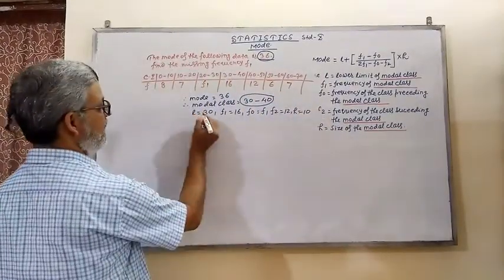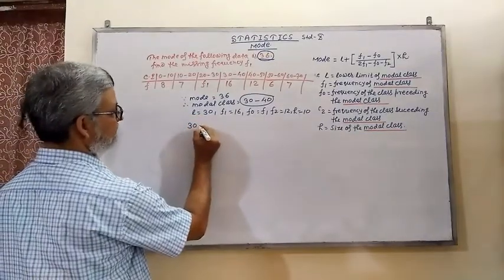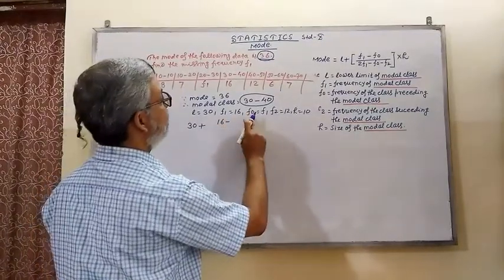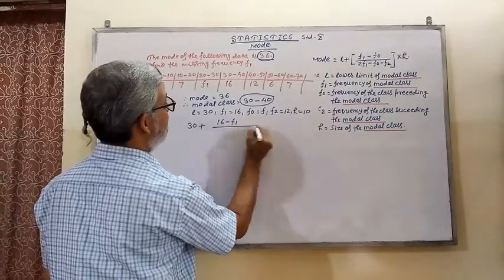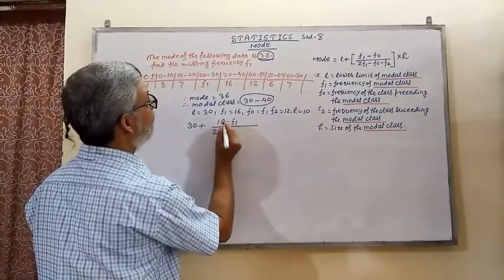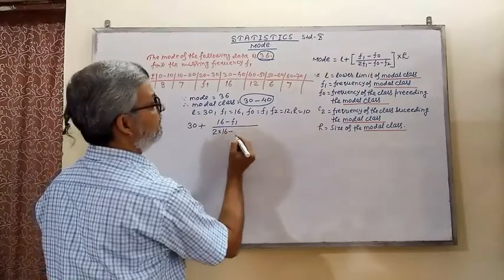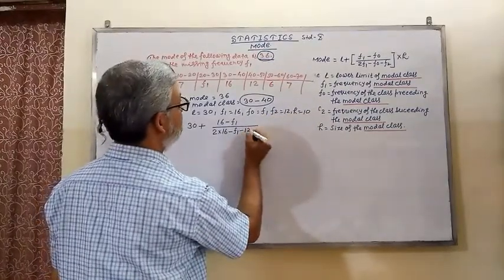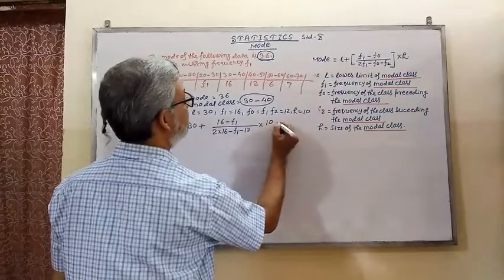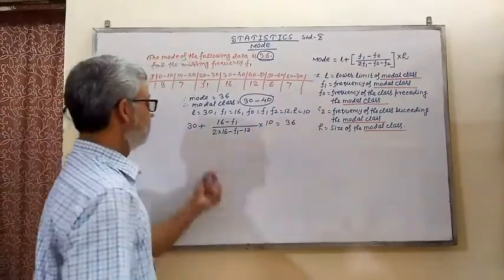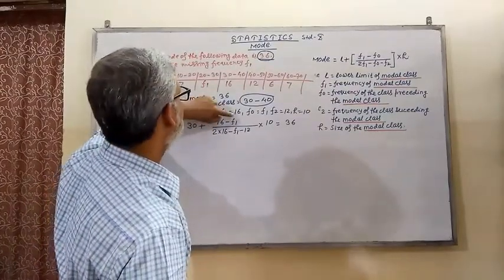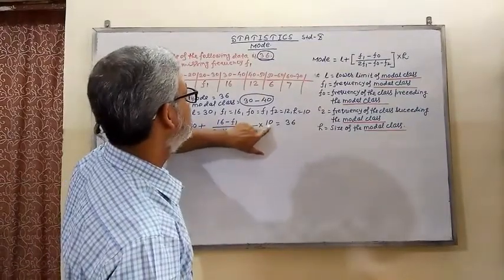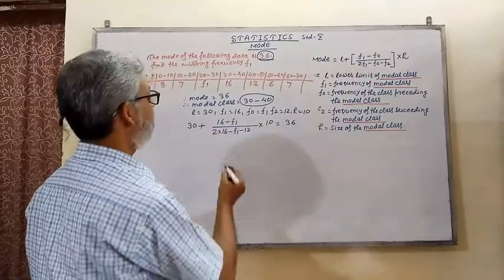Now substitute the values. L means 30, plus f1 minus f0 divided by 2 f1 minus f0 minus f2, into h, is equal to 36, since the mode is given.